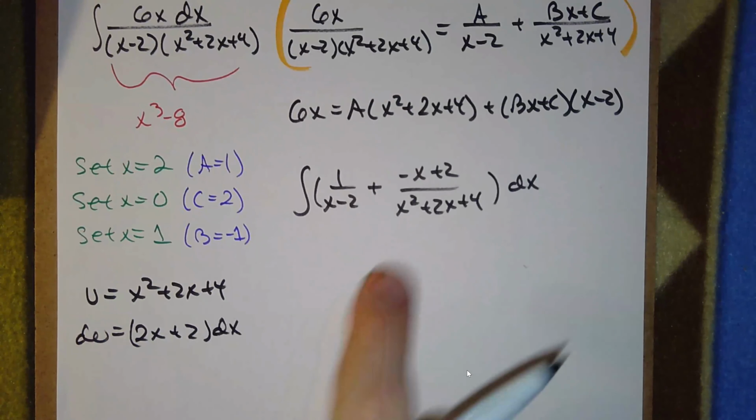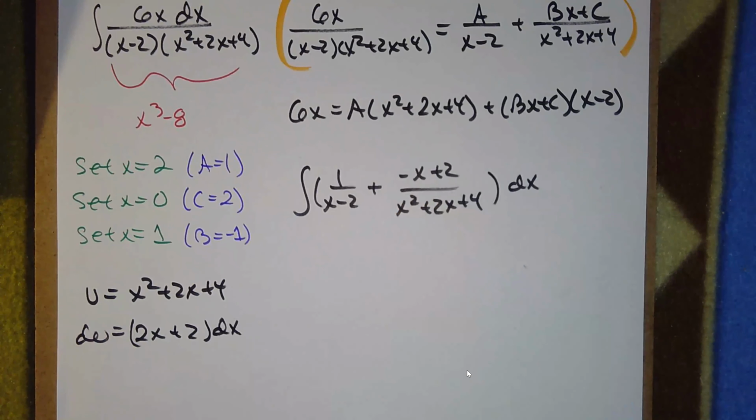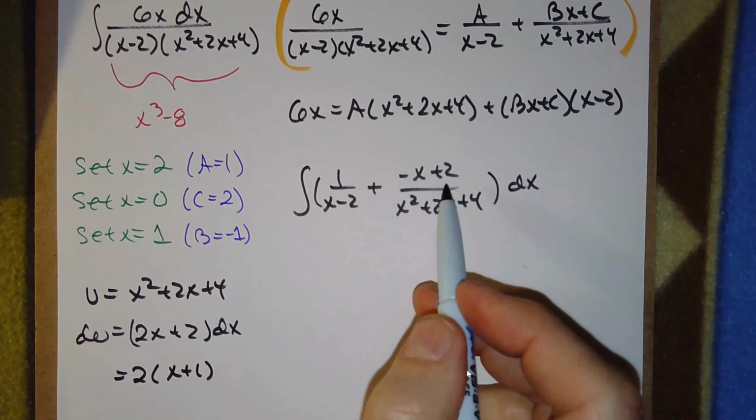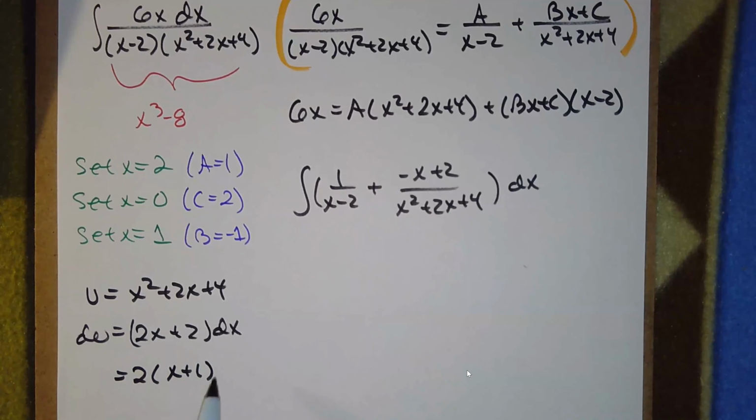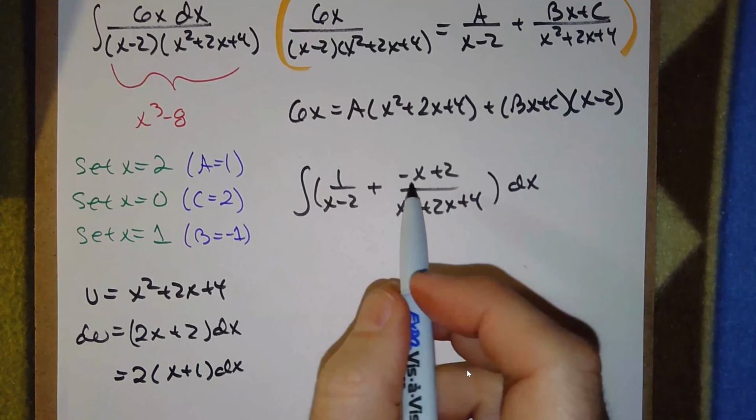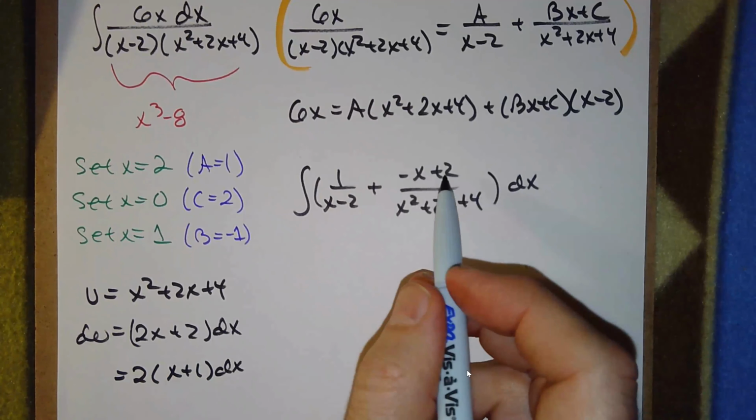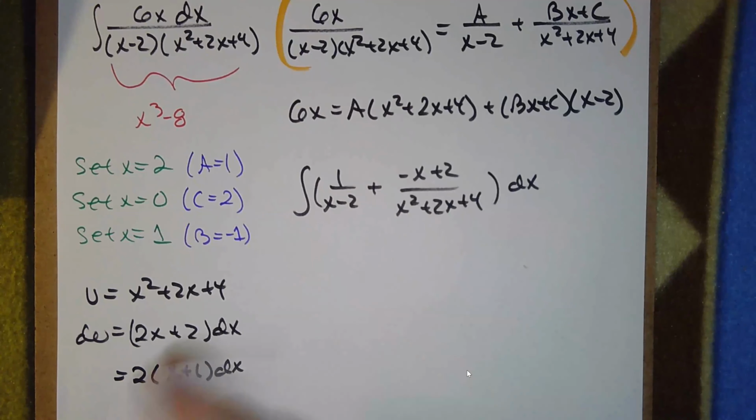And it's tantalizingly close to what I've got here. In fact, I could factor out the 2, which leaves behind x plus 1. If I could just tweak that, then I can make a u substitution.